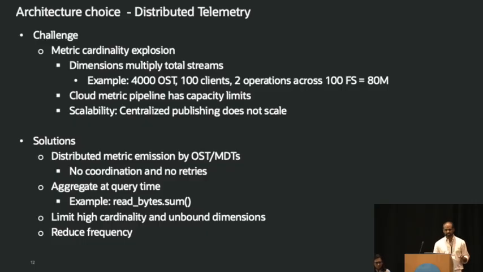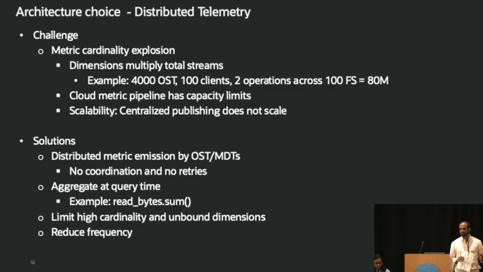So every OST will produce metrics and send them to the metric telemetry backend. The problem is that this telemetry backend is responsible for every service, not just the LFS service. It's a common telemetry backend for the entire OCI, and other cloud providers will be similar. So there are limits, capacities, and everything involved.